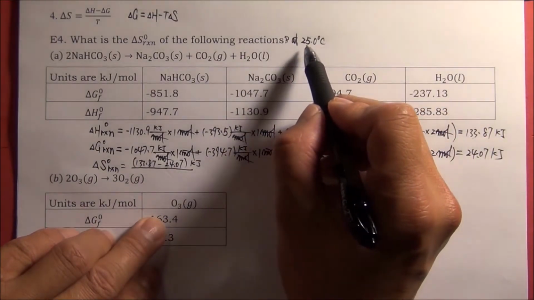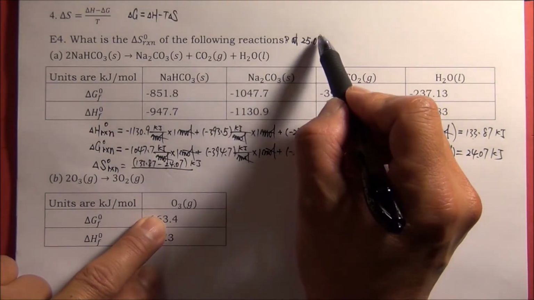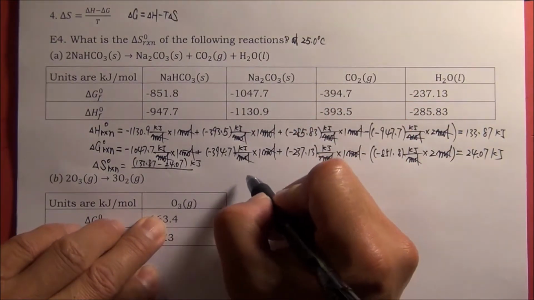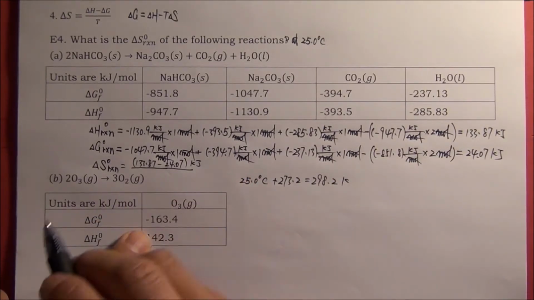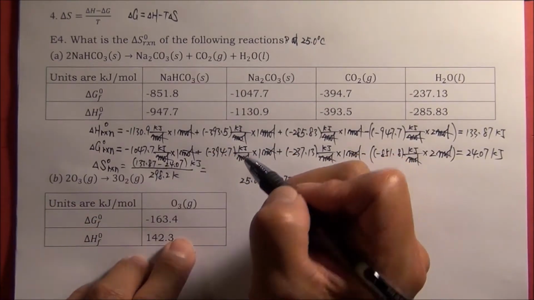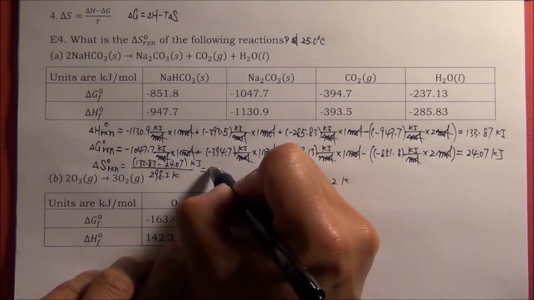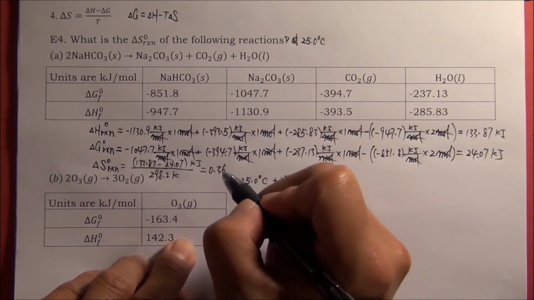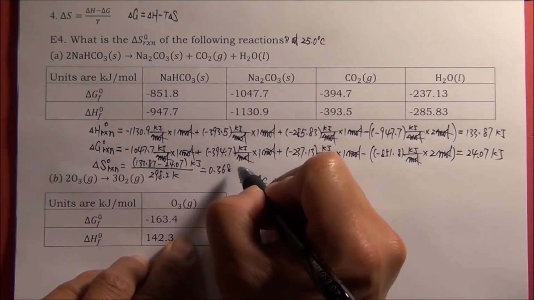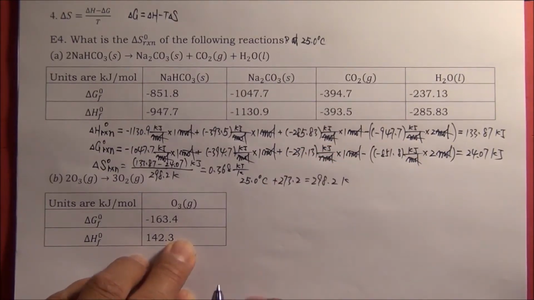The temperature we need to use should be in Kelvin. Let's convert the degree Celsius to Kelvin first. Then we plug in here. And the answer we get from a calculator should be 0.368 kilojoule per Kelvin.